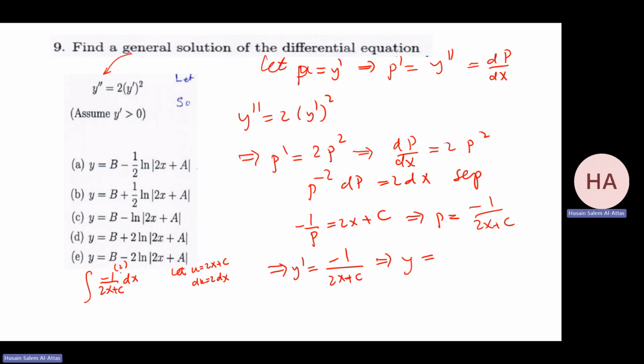So I need 2 here and half outside. So it will be minus half du over u, which is ln of u. So it will be minus half ln of u plus another constant, call it b or c. So this will be the answer.